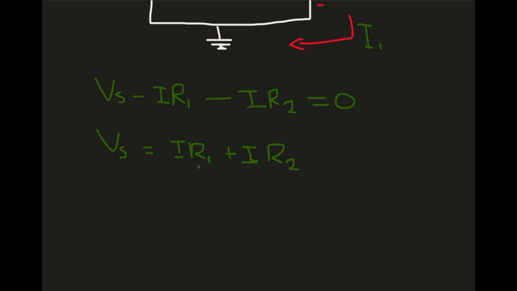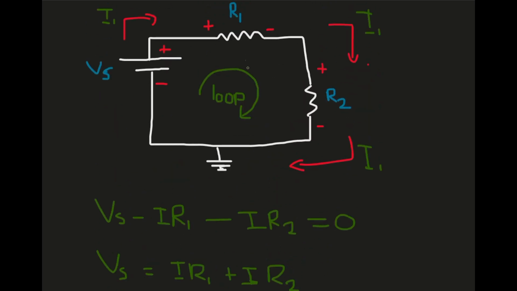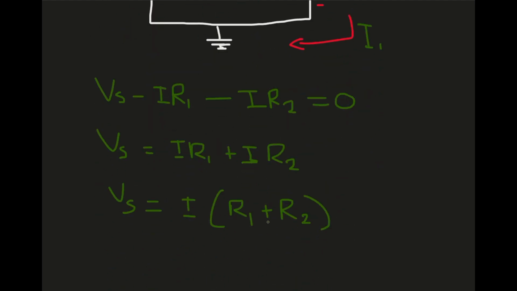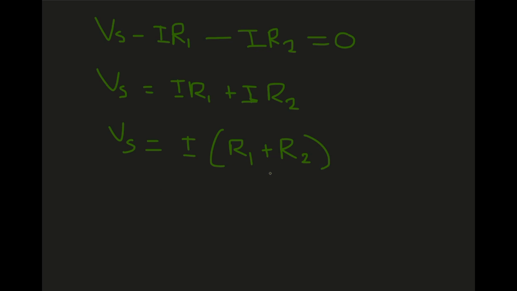Now we're going to put it in a simpler way. We're going to put the I outside, bracket R1 plus R2. Now if you go back, you'll notice that the resistors are in series. So if the resistors are in series, this is just going to be RT.